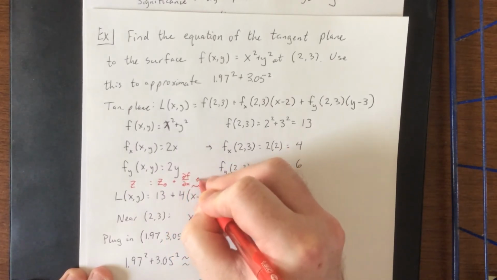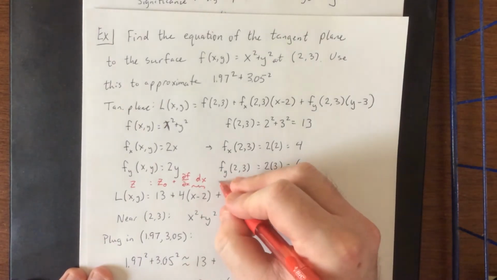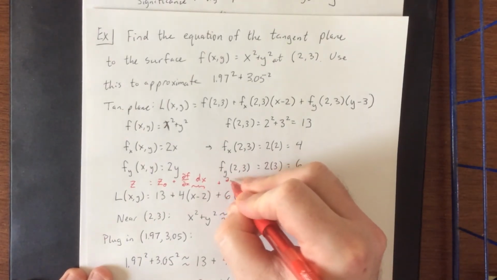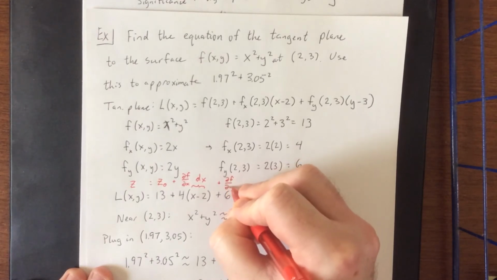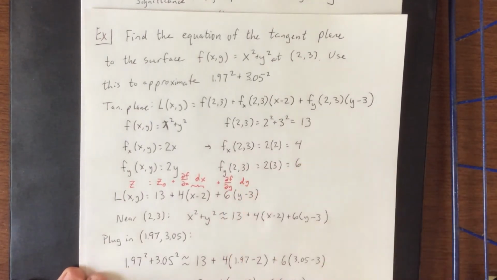This x minus 2 could be interpreted as a change in x. And then this 6 represented a partial derivative of f with respect to y, and then y minus 3 would represent a dy.